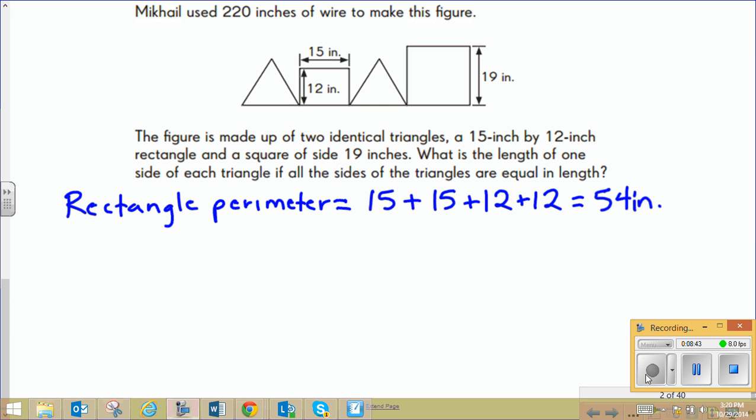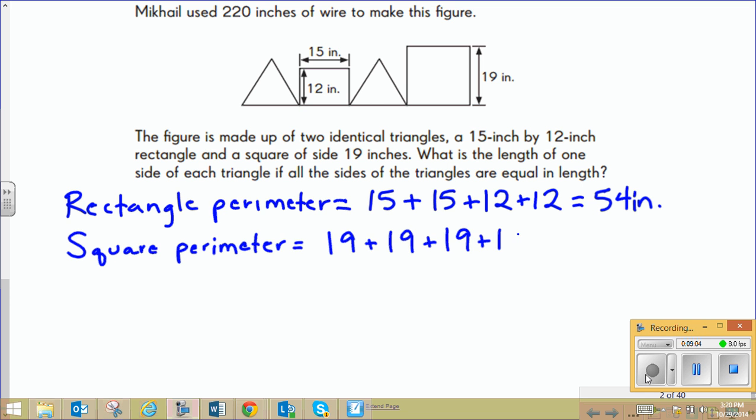And what we know about squares is that all sides are equal. So we can easily find the square's perimeter. We also could have used multiplication, doing 19 times 4, which would also have given us the 76 inches.